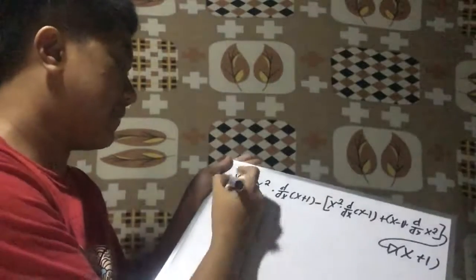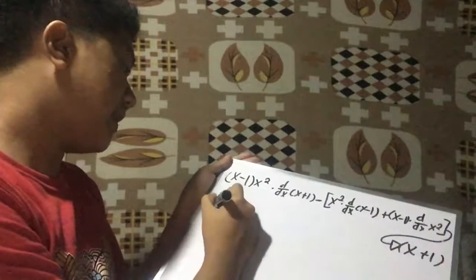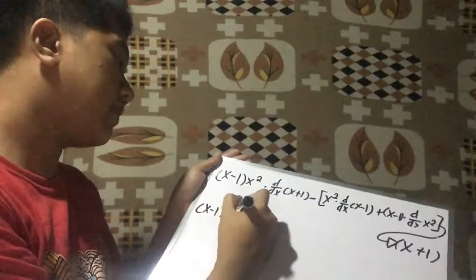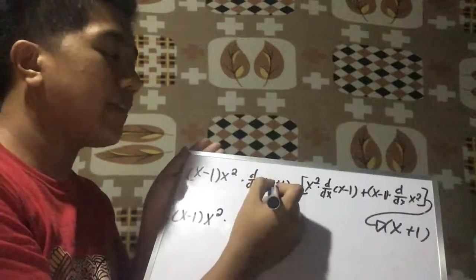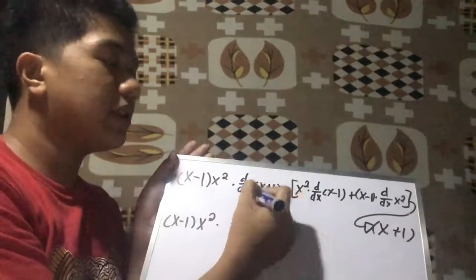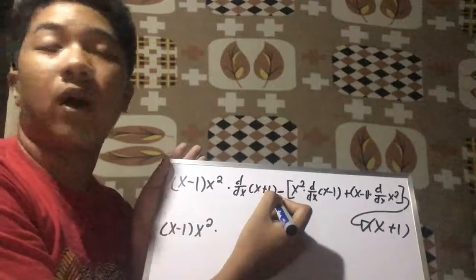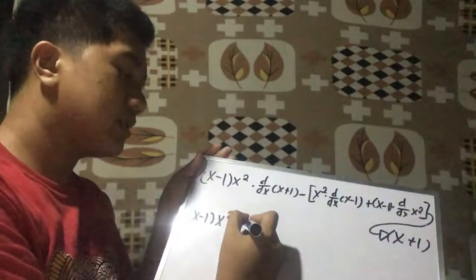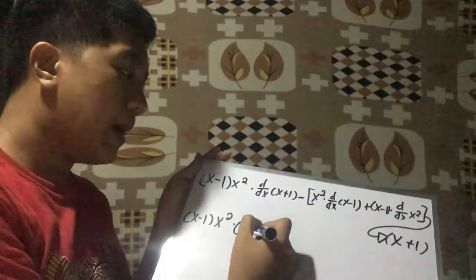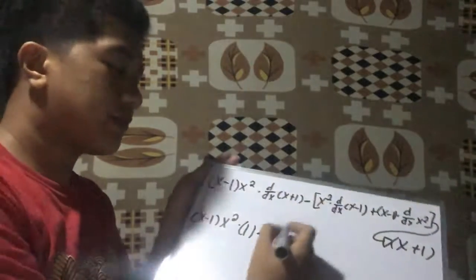So let's do this. x minus 1 times x squared times the derivative of x is 1 plus the derivative of 1, which is 0. 1 plus 0 is still 1. Minus x squared.